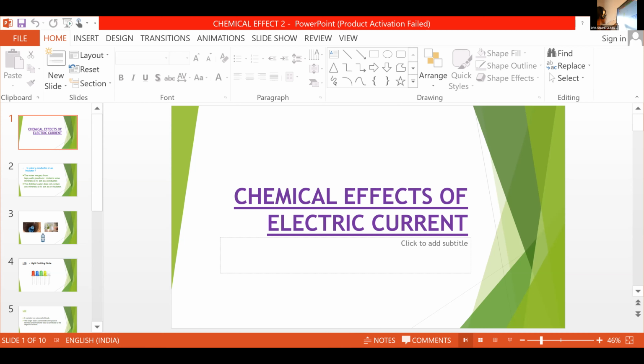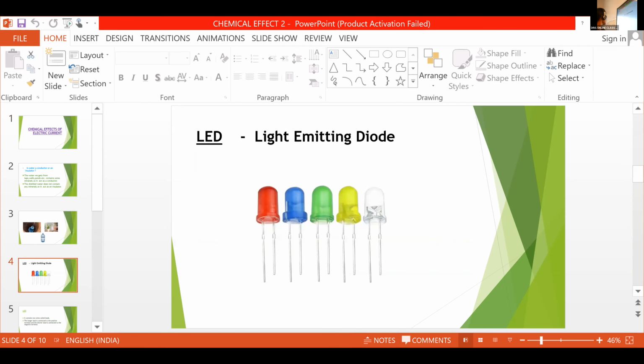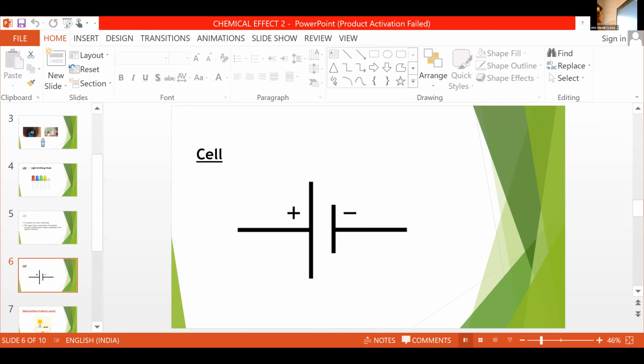Yes, say the difference. Gopika: Ma'am, cell is a single one and battery will be the pair. Okay. So when we take a single one only, it's a cell.